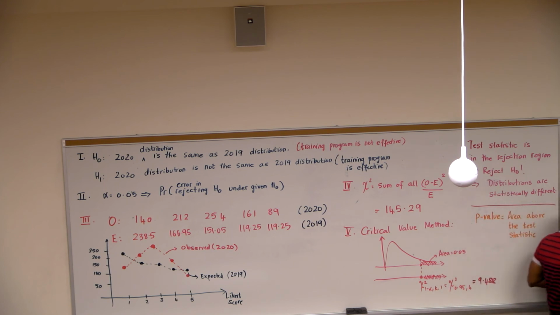The test statistic is way over here. How much area do you expect above that test statistic? Close to nothing, but it has to be extremely small.